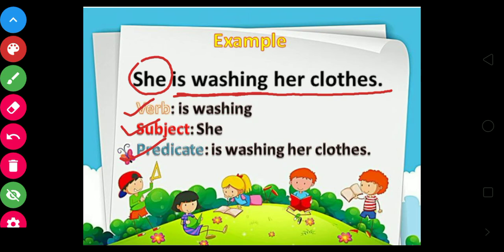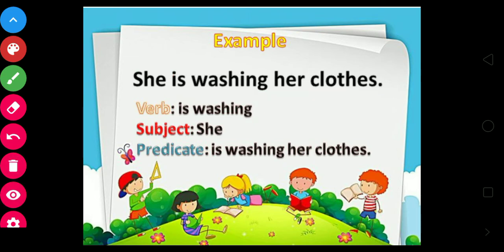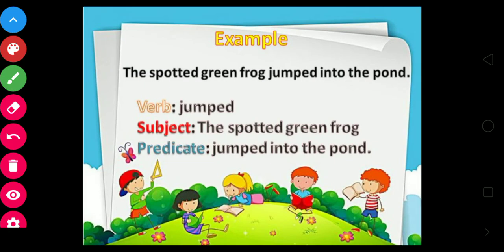Okay, let's see another example. The spotted green frog jumped into the pond. So what is the verb over here? First, which is jumped. Jumped is the verb over here. Okay, now who jumped into the pond? We are asking the question in the form of who. Why?